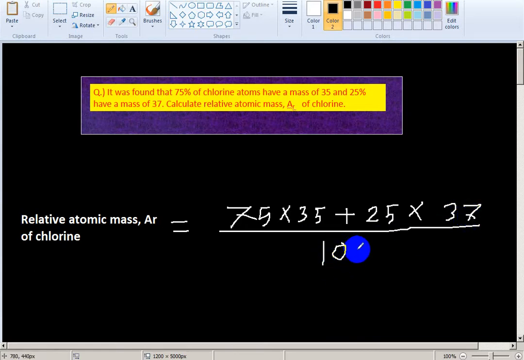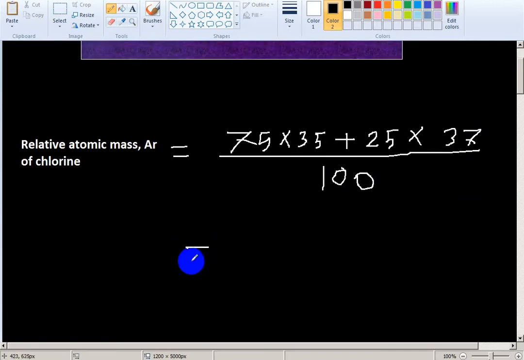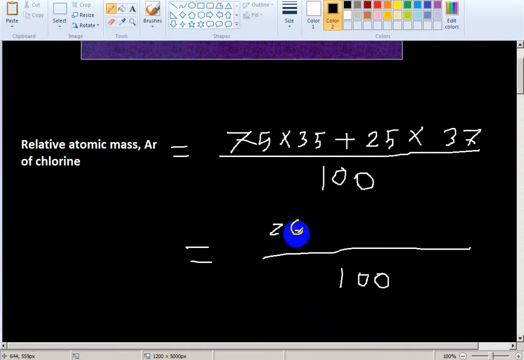Do you have a calculator? So what is this? Calculate 75 into 35. This is 2625.